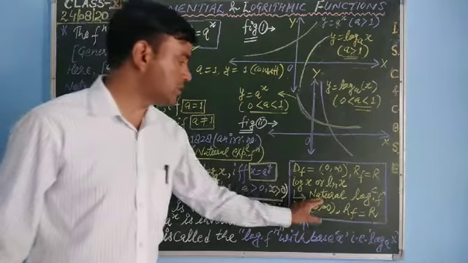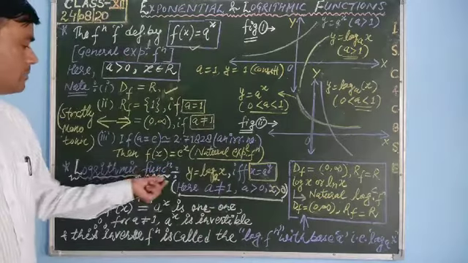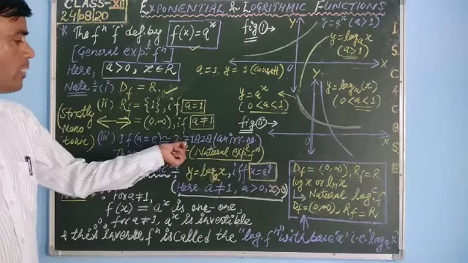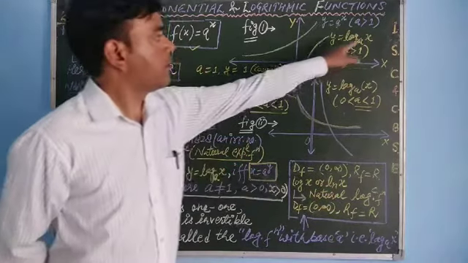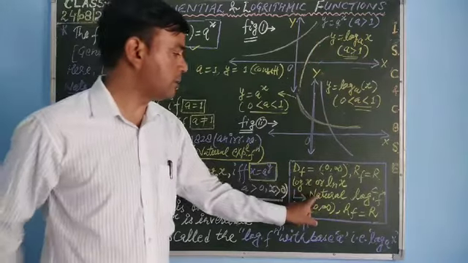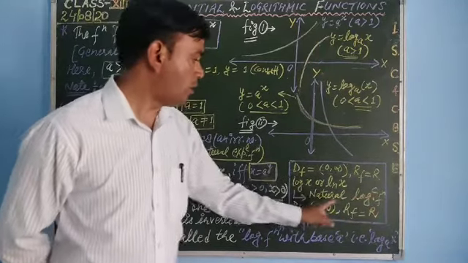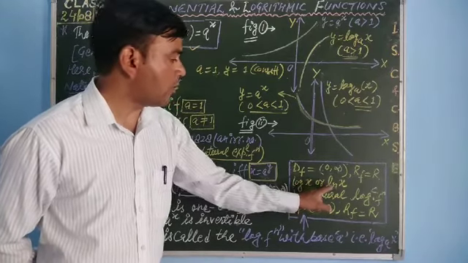Now here one more concept is there. When the base is e, which is approximately 2.71828, an irrational number, and in place of a we put e, then it is named the natural logarithmic function. It is represented by simply log x, or log_e x, or ln x.